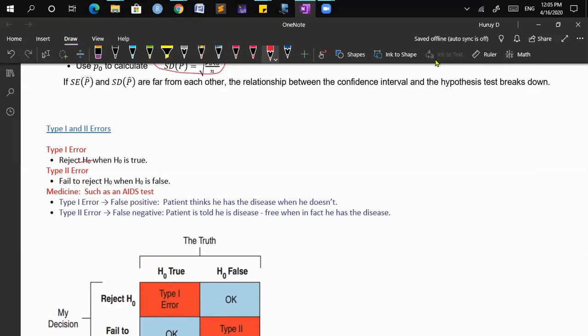So this happens in medical tests and other types of tests. In every type of decision, even in a trial in court, for example, you have a defendant. So H naught: the defendant is innocent, and H sub A: the person is guilty. Okay.